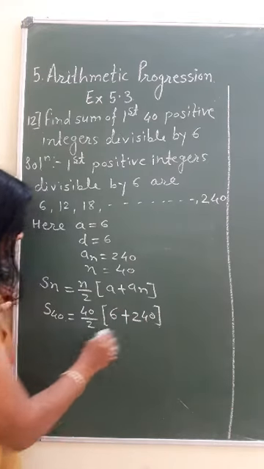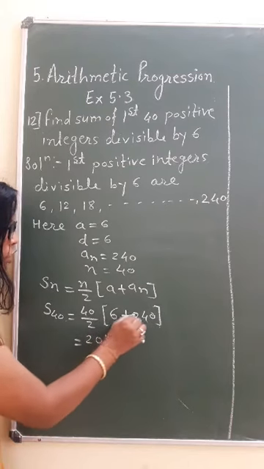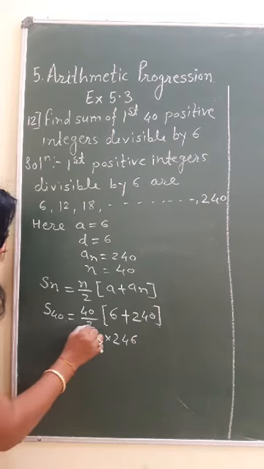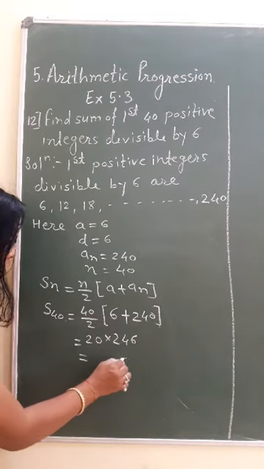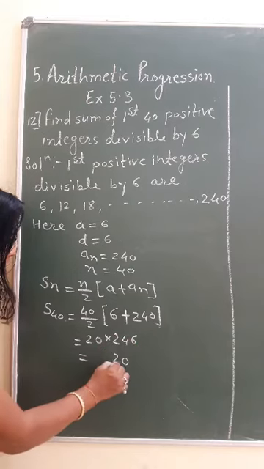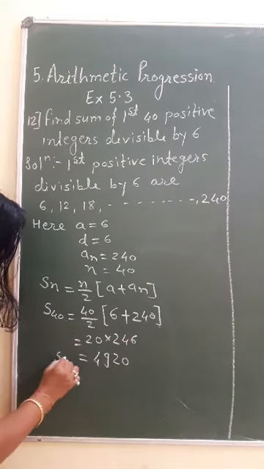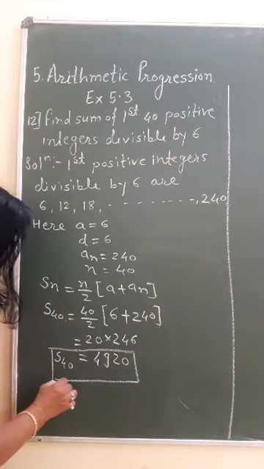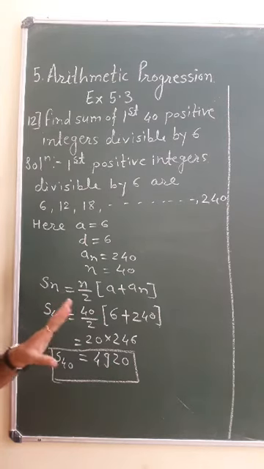That's why we get 20 into 246, since 240 plus 6 is 246. Here 20 times 246: 6 twos are 12, carry 1, 4 twos are 8, 9, 2 twos are 4. We got the sum of the 40 positive integers which are divisible by 6 as 4920.